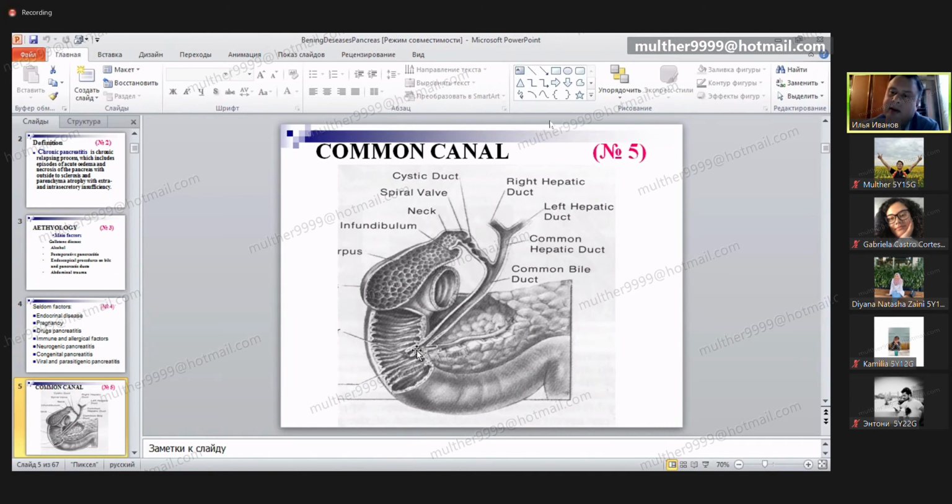And after the obstruction, we can see very fast decrease of the production of the pancreatic juice and of the bile. But the producing of the bile by the liver is near 2 liters per day.